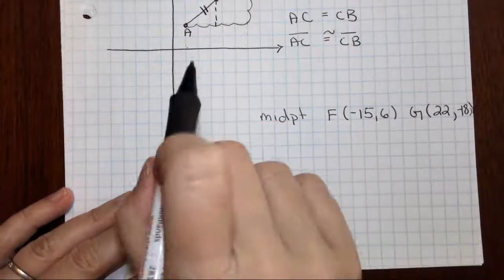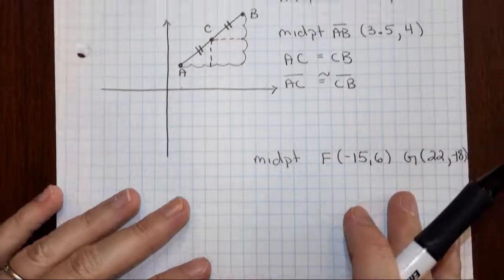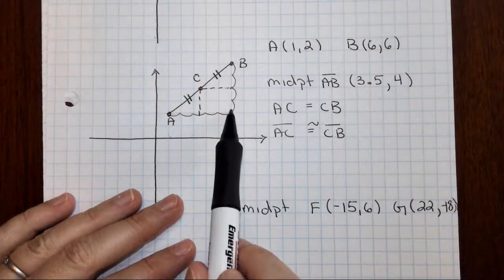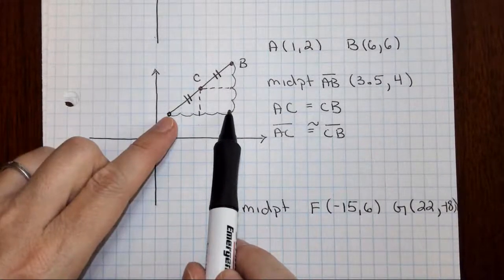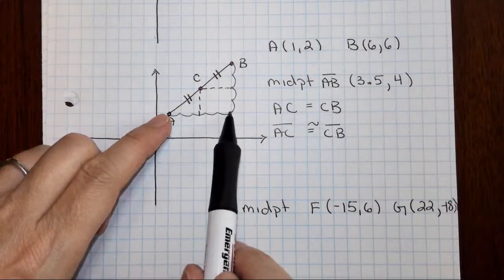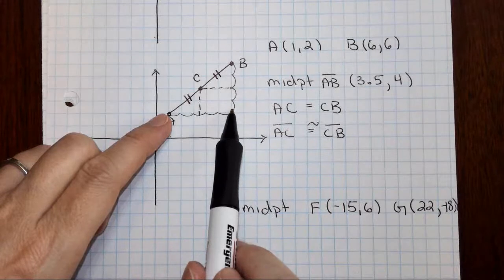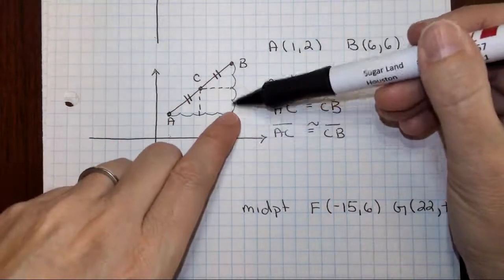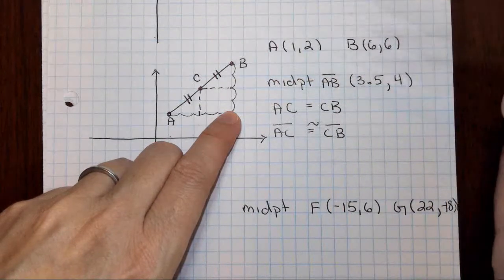Let's come back up here and notice something. To go from A to B, all I did was go from here to here and cut it in half. From here, I went from here to here and cut it in half.